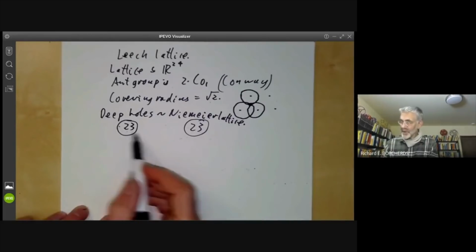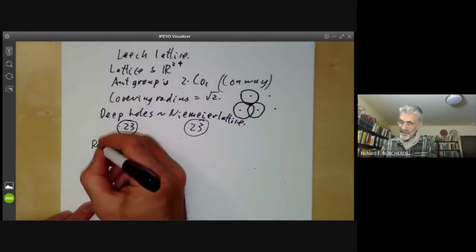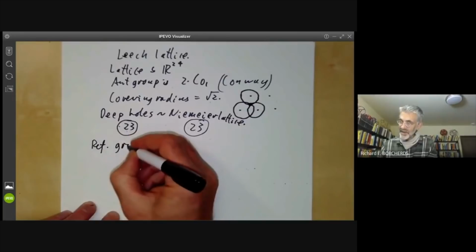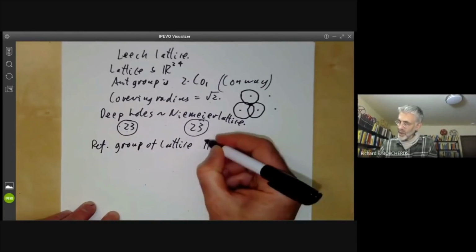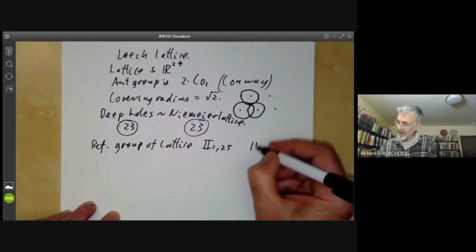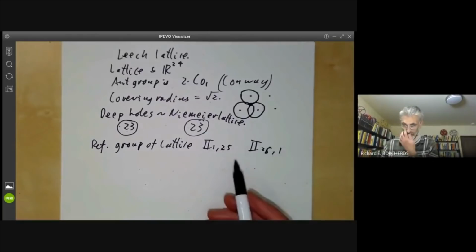Anyway, Conway used this result to give the following very striking result about reflection groups. He calculated the reflection group of the lattice II1,25 or II25,1. There are 2 conventions for which way round you put these.